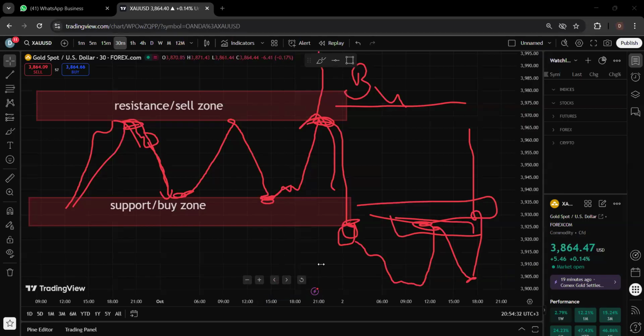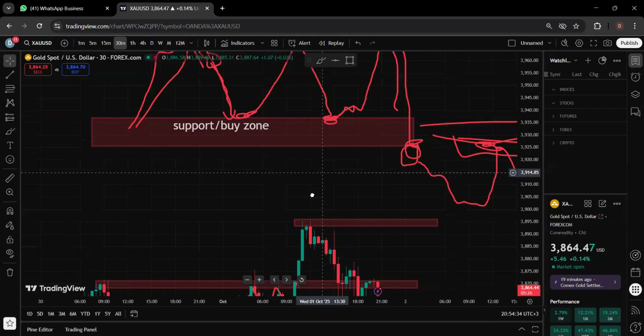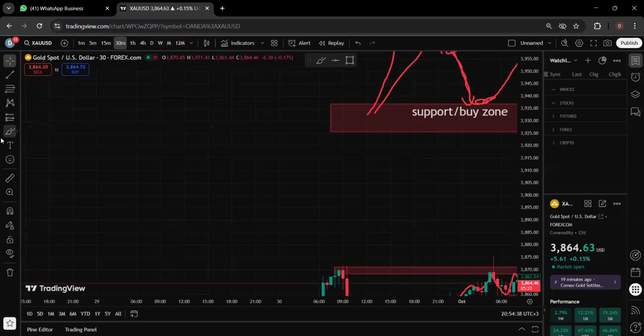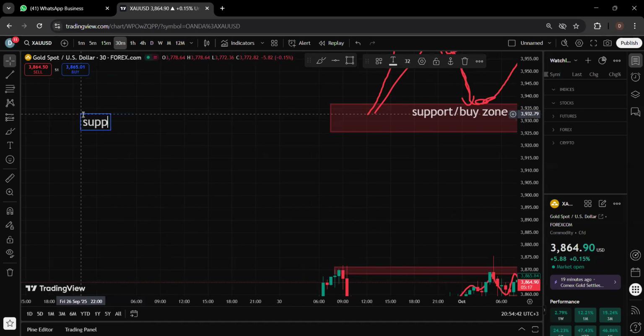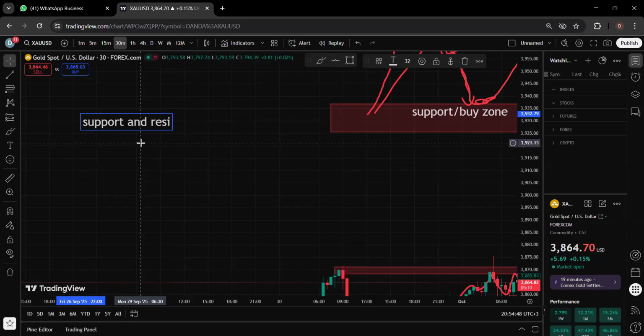Guys, I need you to be drawing all those items we've learned so far. Please, I need you to be able to identify all those supports. We've learned about support and resistance, which I did in a very brief way. All these concepts can make you money, and I think I'm doing it in a very simple manner. We have support and resistance.